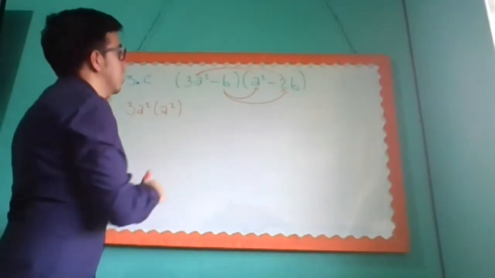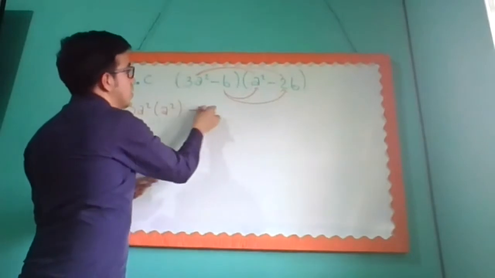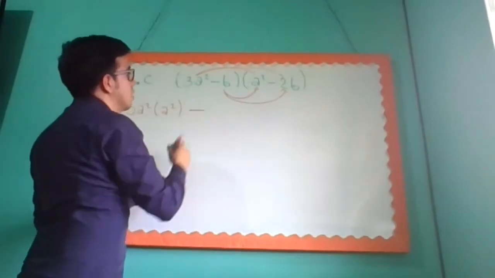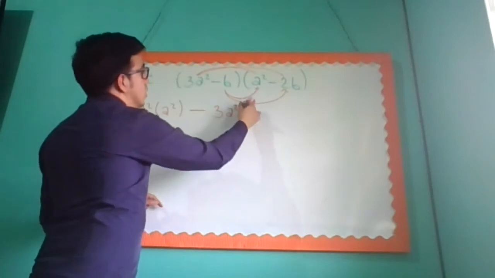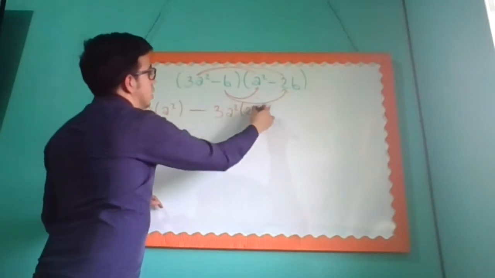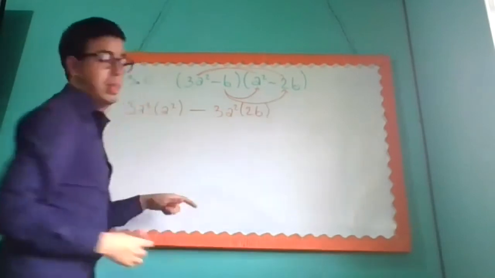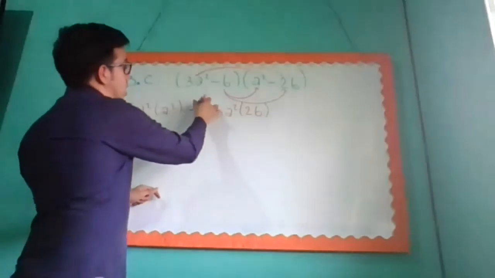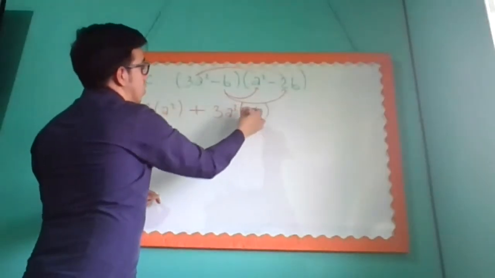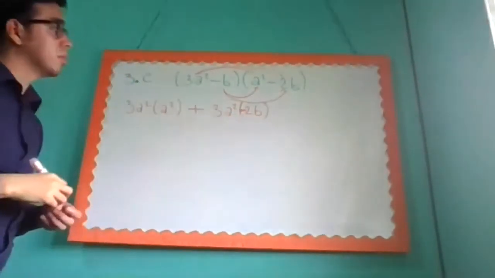And it's going to be minus, this is negative, so it's minus 3a to the power of 2 multiplying 2b. Or you can write the plus and you write the negative inside the parentheses. This is the way that the book uses. So you write the negative in here and you don't get confused.